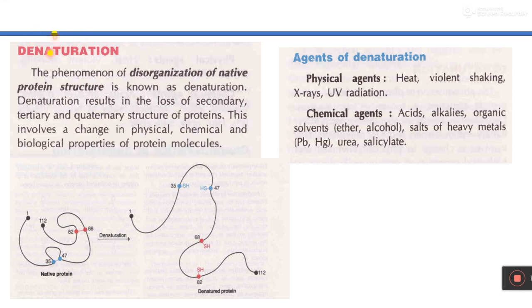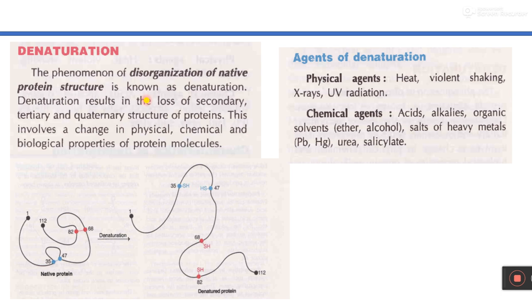So now I would like to discuss the denaturation of protein. The phenomenon of disorganization of native protein structure is known as denaturation. Denaturation results in the loss of secondary, tertiary and quaternary structure of protein. This involves a change in the physical, chemical and biological properties of the protein molecule. So there are two terms: first is denaturation, second is degradation.